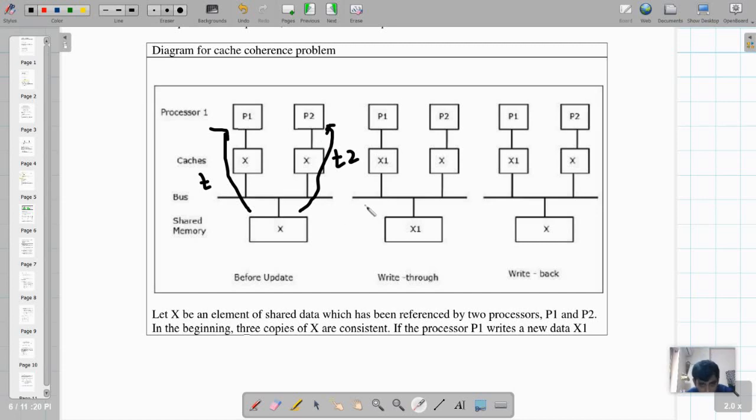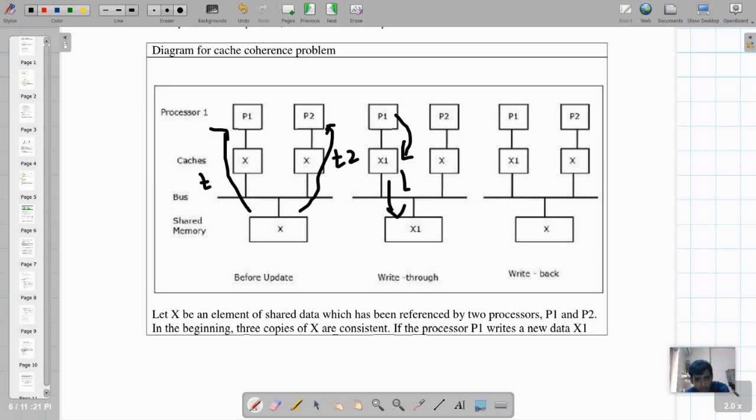Then at time instance T3, say what happens? Processor P1 updates the value of X data item to X1. And if your memory writing system is write through, it will be at the same time updated into the shared memory also.